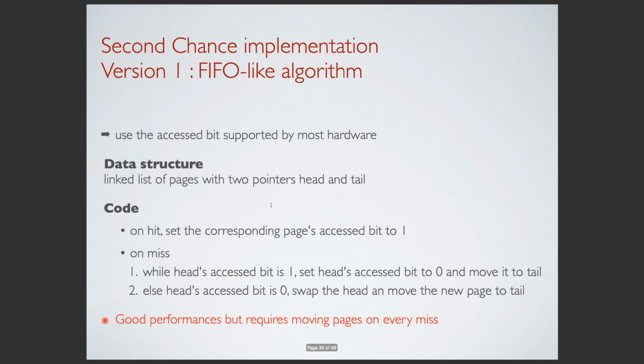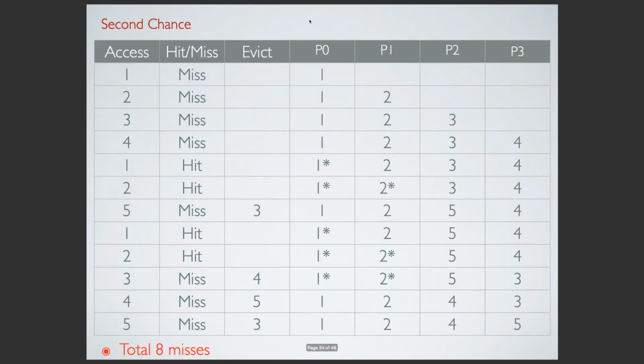Meaning they're all going to compete and they're going to kick out the pages of each other. Why not? Or we can be more restrictive. For example, you are going to run this algorithm, but only on the pages for the same process. Meaning we're going to give you a maximum number of pages and that's it, right? So here I was talking about 4. Either it's 4 because it's the entire memory, or it's 4 because it's all the memory pages that you are allocated to one process.